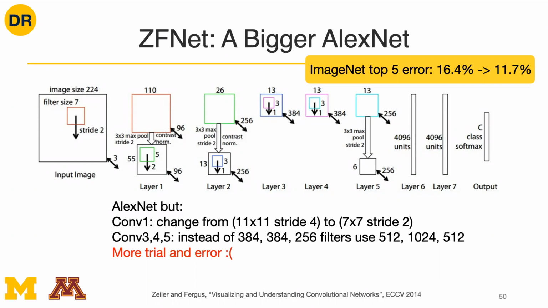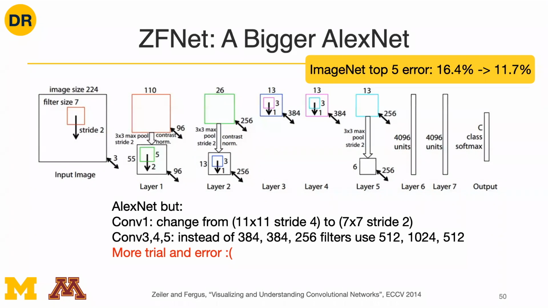Sorry, with more filters, the receptive field increases? Yes. If you think about it, from the previous lecture, if you have one convolutional layer added, your receptive field increases by k minus 1.